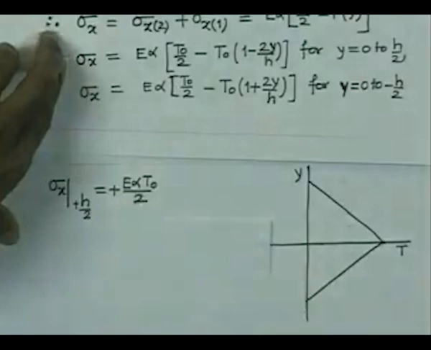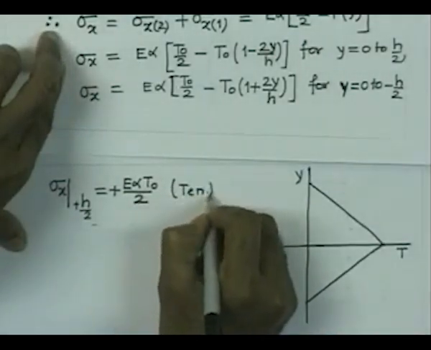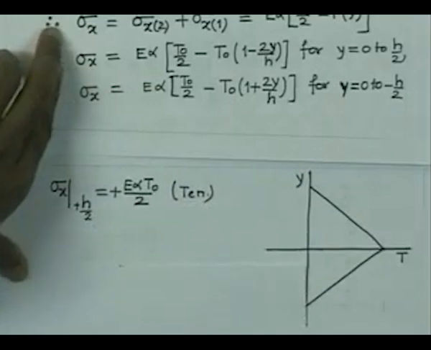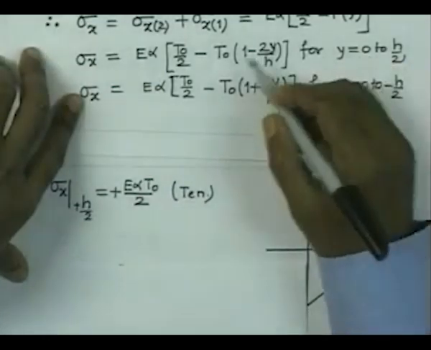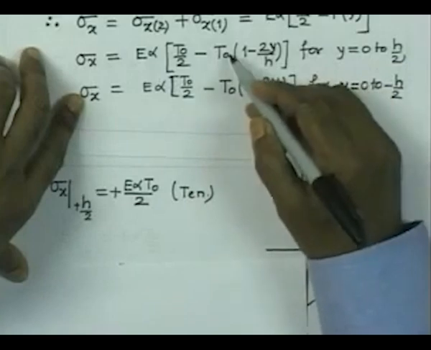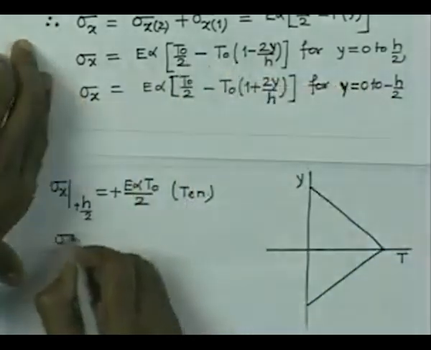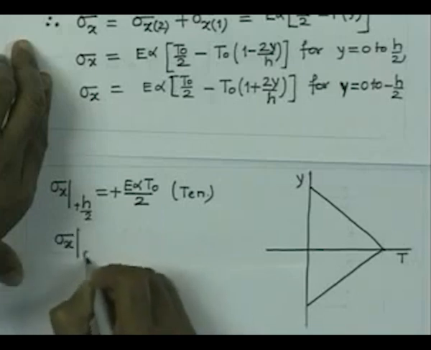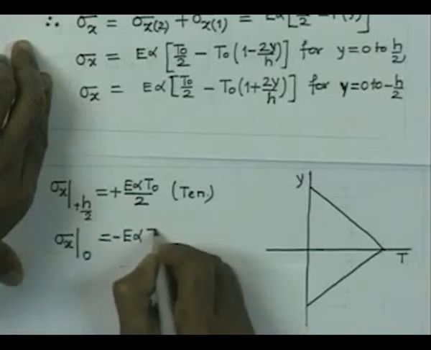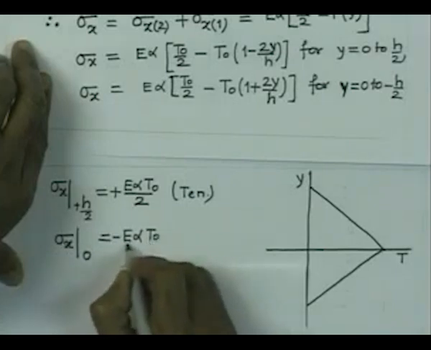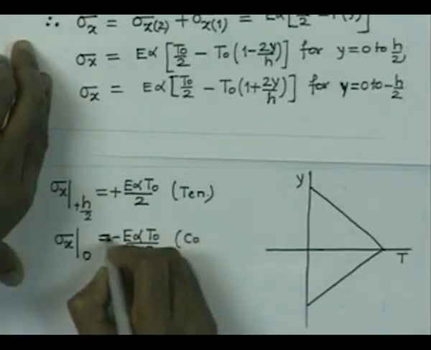Therefore, there is a tensile stress at the top fiber. Now, if you calculate the stress for y equal to 0, it gives us E α times minus T0 by 2. So, σx at y equal to 0 is minus E α T0 by 2, and you can see that it is a compressive stress.